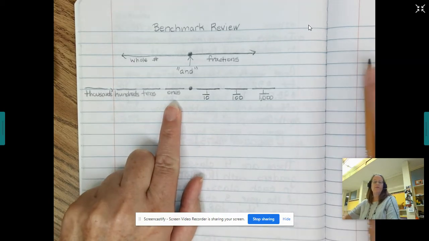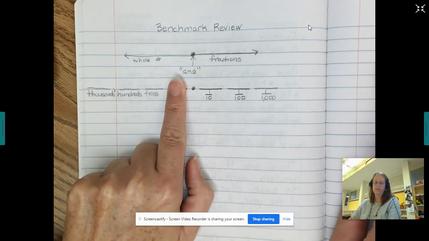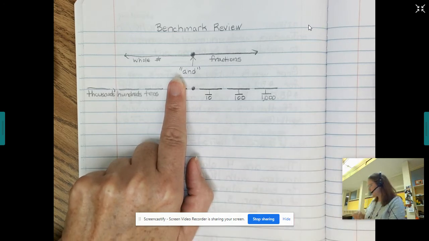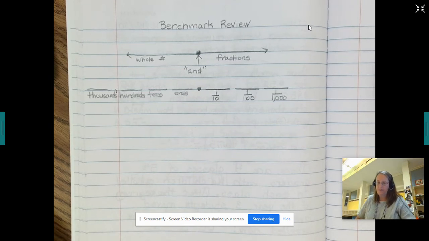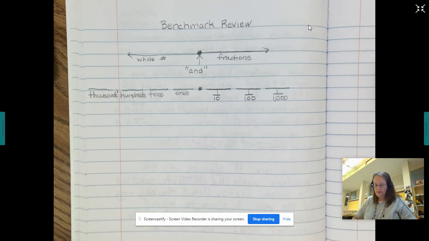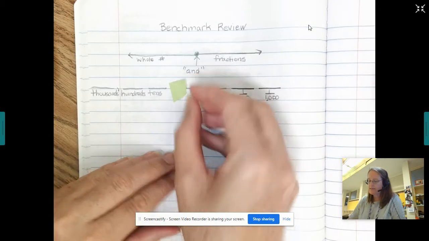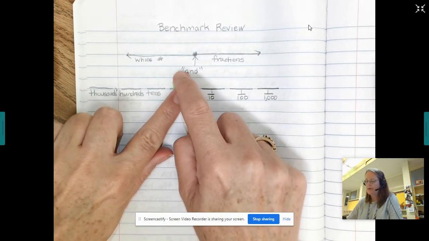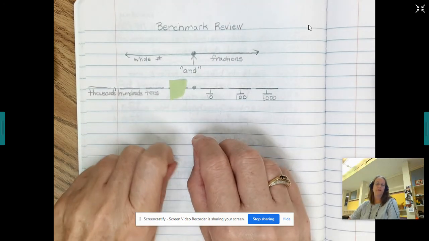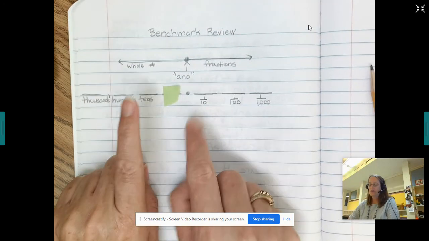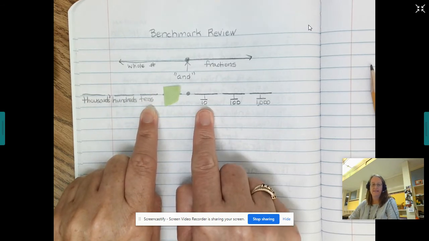Guys, I don't know if you've noticed or not, but if I cover up this ones place, I want you to see what's happening here. It's kind of like a mirror image of each other. To the left of the decimal is the tens, to the right is the tenths.